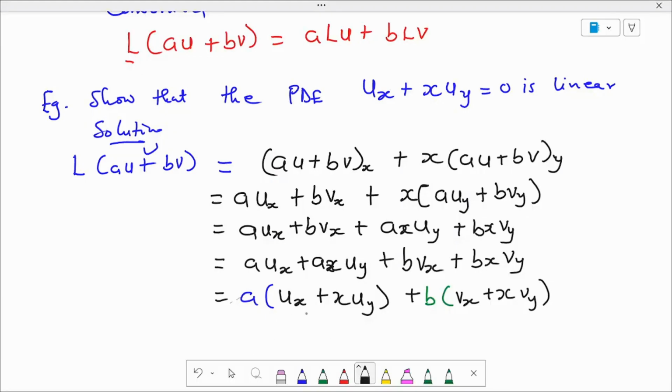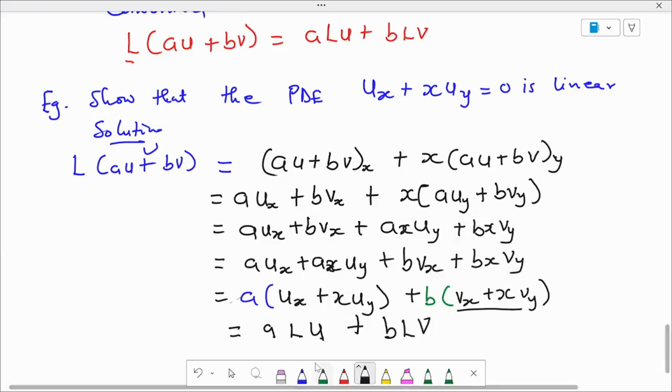Now what does this look like? The whole of the first part is in terms of u, so we can write this as aLu plus, and we can also write the second part in terms of v, so this is bLv.